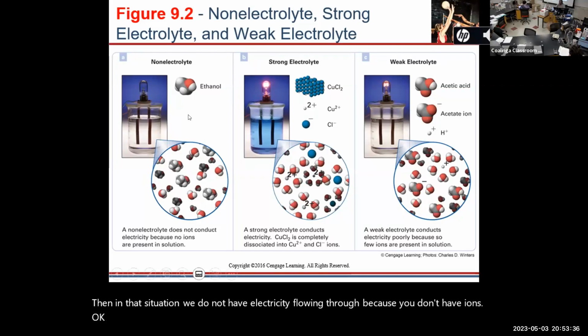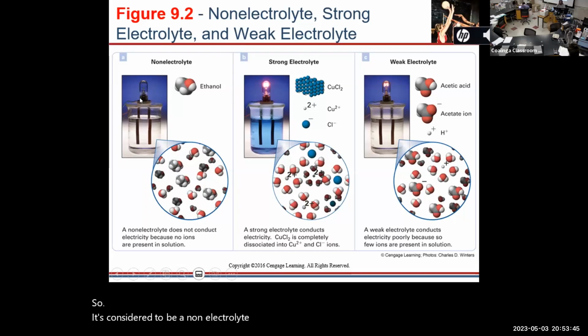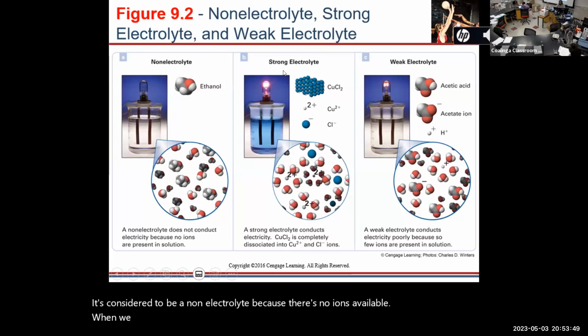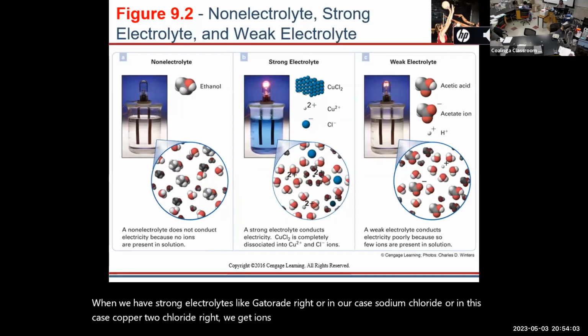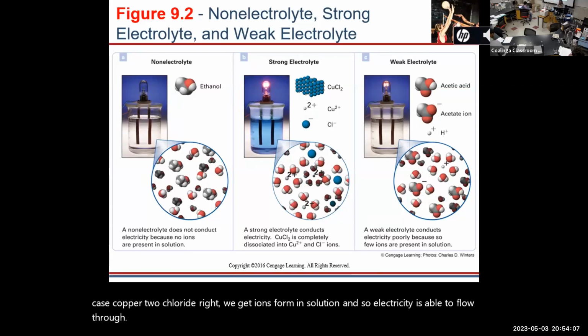Ethanol is covalently bonded, so it's considered a non-electrolyte because there are no ions. When we have strong electrolytes like Gatorade, or in our case sodium chloride, or copper 2 chloride, we get ions formed in solution, and so electricity is able to flow through, and so we get light.